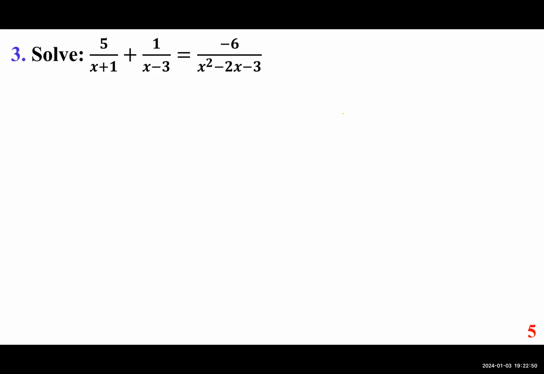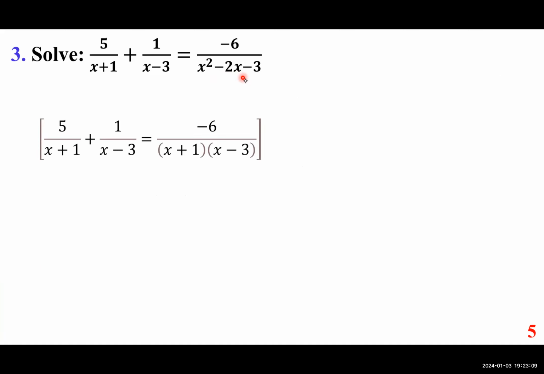And of course, this has to be factored out. This is simply x plus 1 times x minus 3. Again, we've discussed the factoring. So we're going to multiply by the LCD, which is x plus 1 times x minus 3.